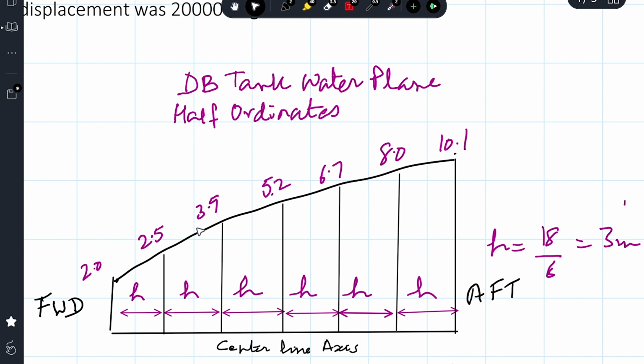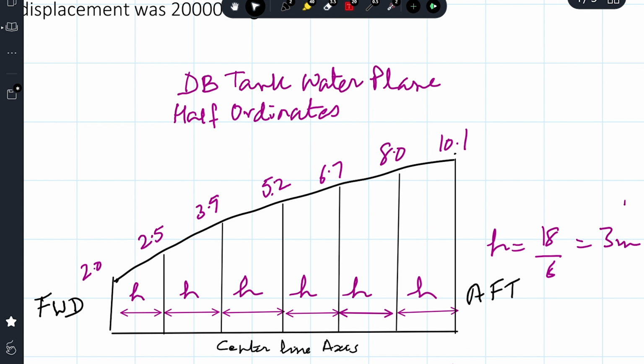Here 2.5, this is forward, and this is the aft. We have 1, 2, 3, 4, 5, 6, 7 ordinates. So Simpson's rule number 1 can be used. There will be 6 equal intervals, which means each interval is 18 upon 6, 3 meters, because 18 meters is the length of the tank.